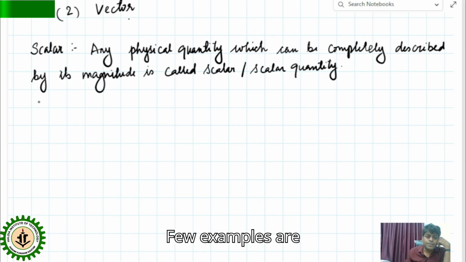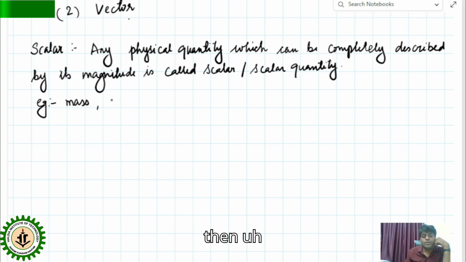Few examples are mass, then temperature, electric charge.